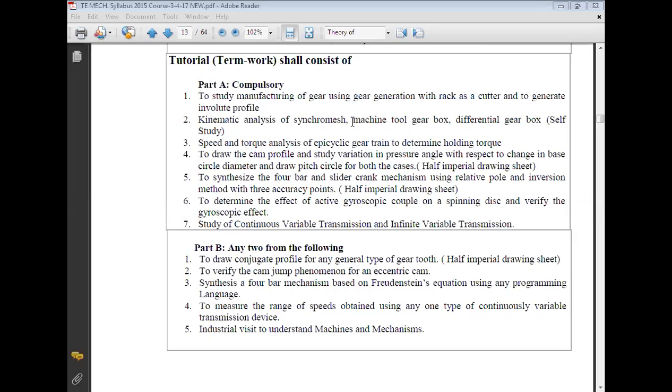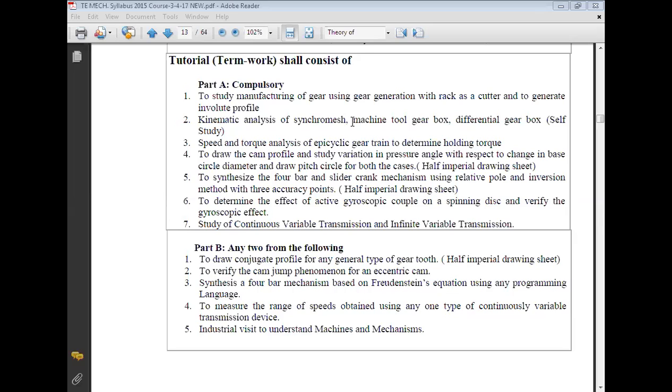Okay. Then next is the differential gearbox, and the last is the machine tool gearbox. So all these gearboxes we are going to study theoretically. Okay.